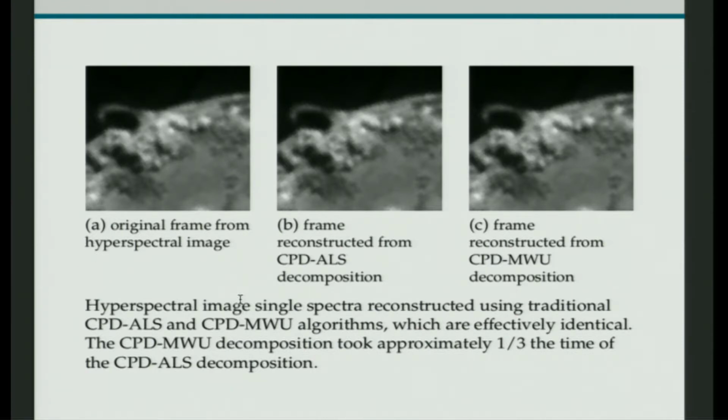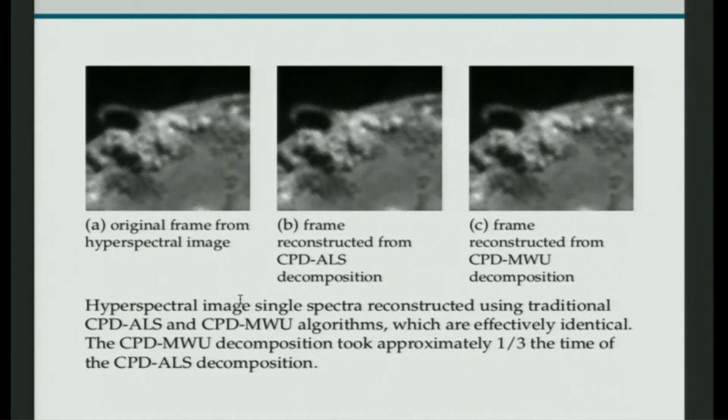So here's an example application. I mentioned one of the uses of tensor decomposition is hyperspectral imaging. This is a data set called SAMSON. It's a standard hyperspectral imaging data set. So here's the original frame. Here's the frame reconstructed from our decomposition using just ALS, and reconstructed using our multiplicative weights update algorithm.